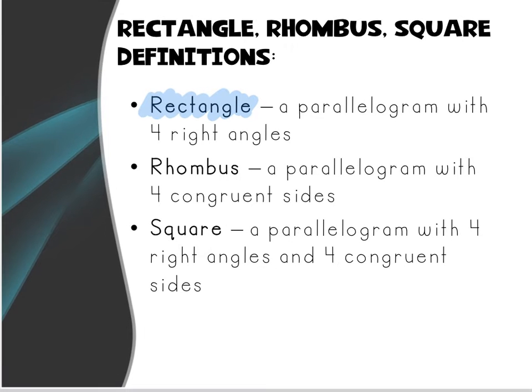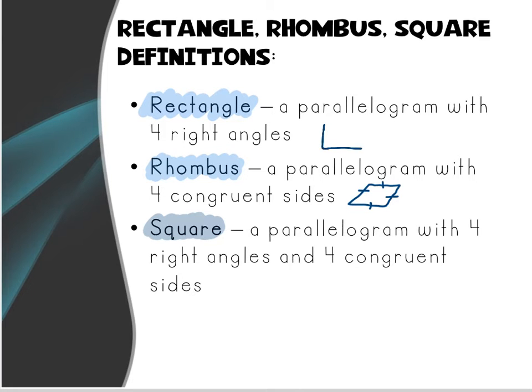A rhombus is a parallelogram with 4 congruent sides. So a rhombus is usually like a slanted shape, but all 4 sides are congruent. So it looks a little bit like a parallelogram, but all 4 sides are the same. And a square, probably one of the first shapes you learned, okay, is a parallelogram with 4 right angles and 4 congruent sides.